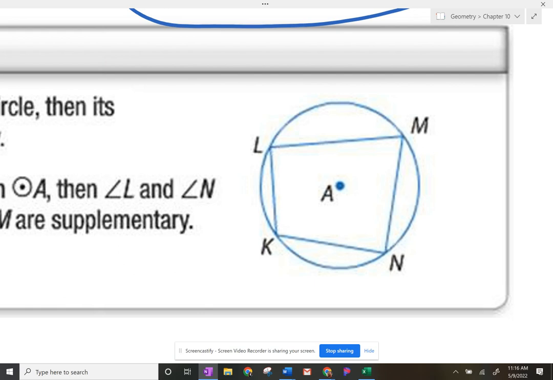What this is saying, if you have a polygon with 4 sides, the opposite angles, like angle K and angle M, together they'll be supplementary, meaning that this angle and this angle together will equal 180 degrees. I'm going to draw this out so you can visually see it.